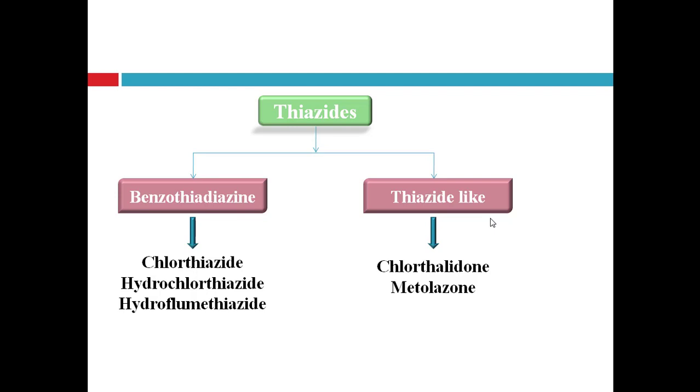Examples of benzothiazides are chlorothiazide, hydrochlorothiazide and hydroflumethiazide. Thiazide-like diuretics are chlorthalidone and metolazone. Keep in mind that they are not similar in structure with thiazide, but they are similar in action with thiazide. That's why they are known as thiazide-like diuretics.